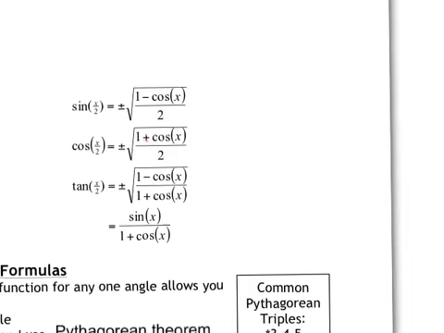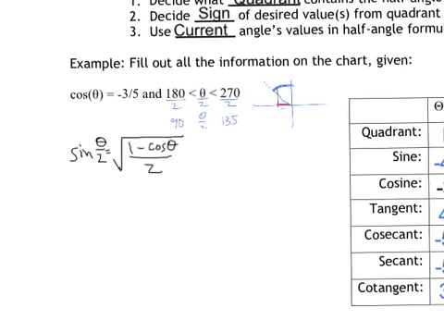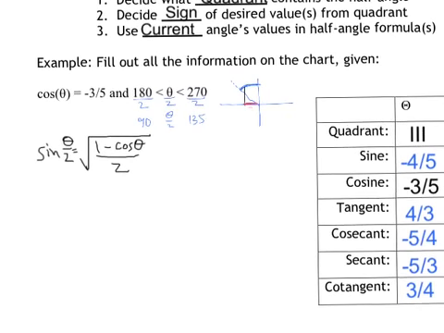So, and if we fill in our numbers now, cosine of theta was the given, and so we can write in 1 minus negative 3/5. Ooh, subtracting a negative. All right, all over 2.